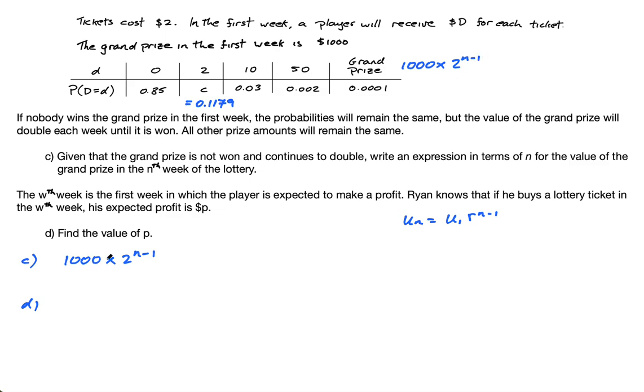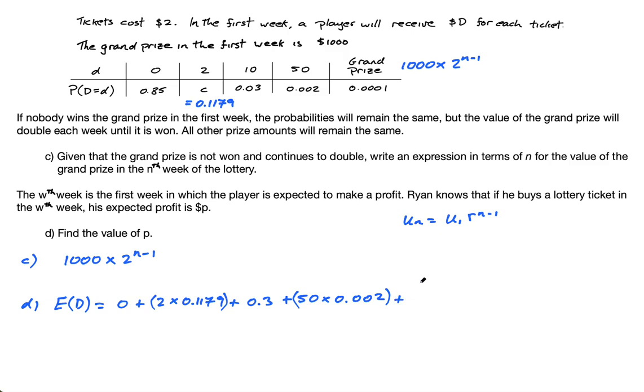So the expected value of D is 0, I'll just put 0, plus 2 times 0.1179, plus 10 times 0.03, which is just 0.3, plus 50 times 0.002. Put these in brackets if you want, just to make sure you don't make any mistakes.